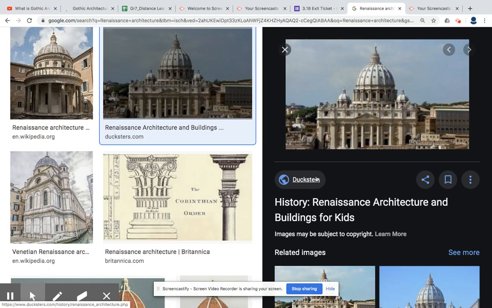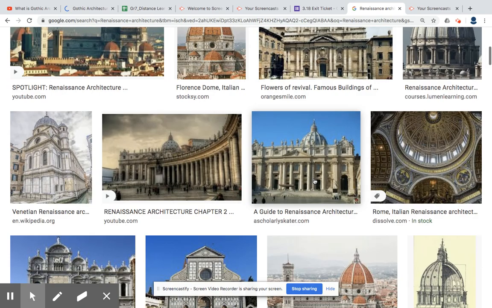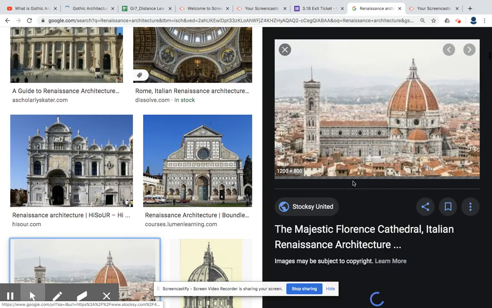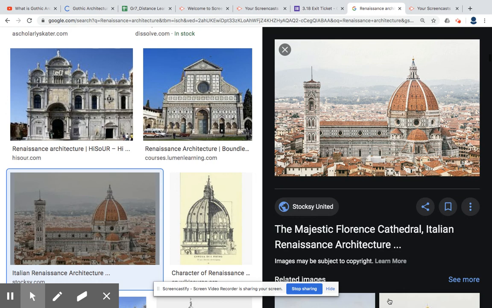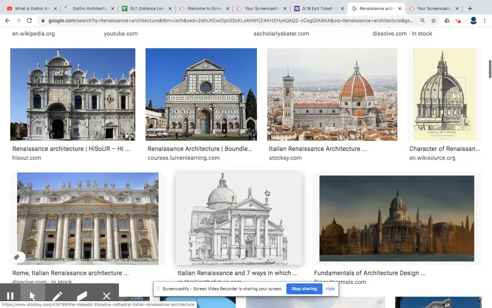If you look at Renaissance architecture, you're gonna have a really hard time knowing if it's Renaissance or classical Roman, because they are so similar. Again, here's another, Santa Maria del Fiore in Florence. This church was actually created towards the end of the Middle Ages, but the dome is not created until much later in the Renaissance period.